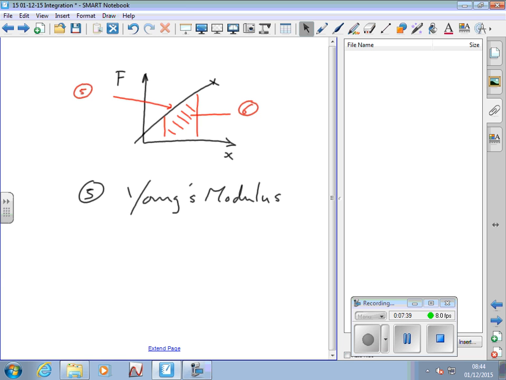What about number 6 then? What units is it going to have? Whatever it is, the units of force multiplied by the units of distance. Anybody care to hazard a guess?